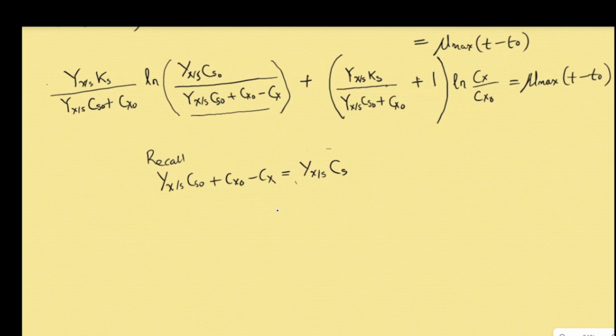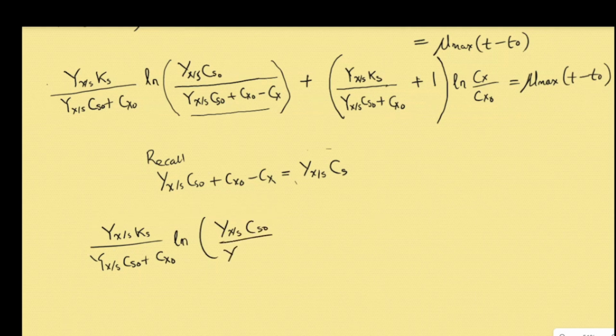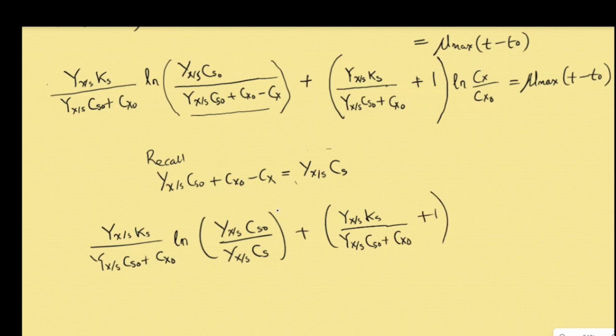When we replace it, we are going to get YX/S KS over YX/S CS0 plus CX0 ln, we'll now have YX/S CS0 over YX/S CS, then plus YX/S KS over YX/S CS0 plus CX0, everything here plus 1, and now have a ln CX over CX0.